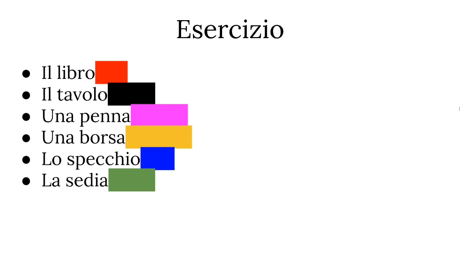So let's do an exercise. What you will have to do here is to match the color to the word. Okay? So I will start reading the words in Italian and I'll leave you a few seconds to say out loud the color. Okay? Ready? Let's start. Il libro. As usual, if you need more time, just pause the video.